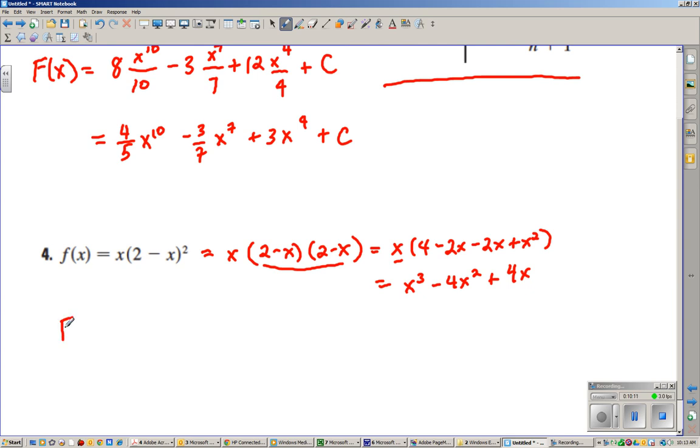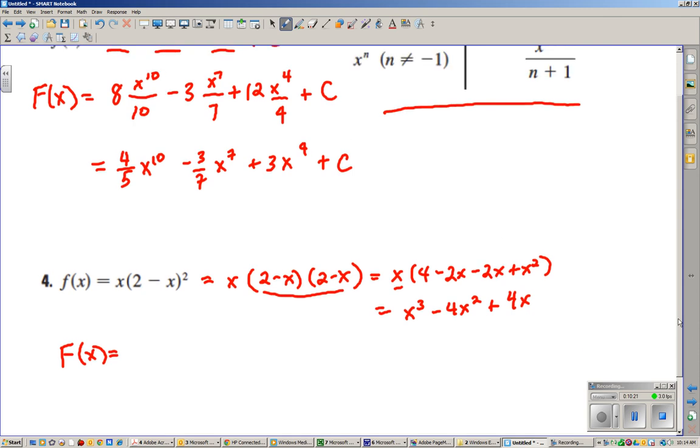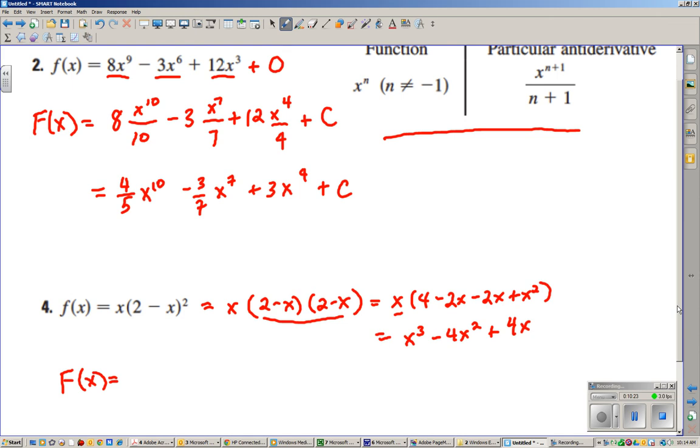So now if I want to find big F, what am I going to do here? Well, I'm going to use this reverse power rule that we have just above here. Let's see if I can bring that into view a little bit. And remember what that says is if we're going to work with this, what we want to do is have x to the 4th over 4 minus 4 times, and now apply it again, x cubed over 3.